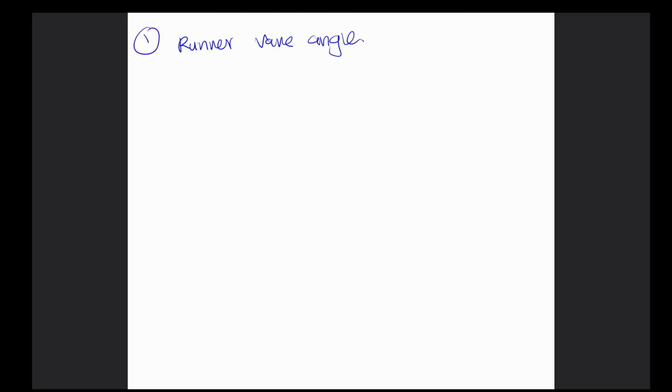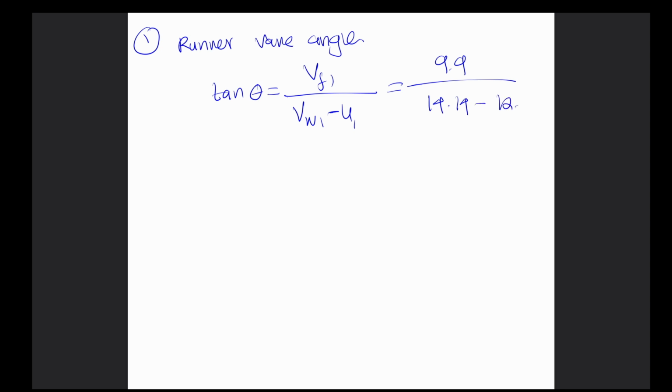After getting all these values, we can determine the runner vane angle, that is tan theta equal to Vf1 divided by Vw1 minus U1. Just substitute it: it is 9.9 divided by 14.14 minus 12.21, so we will get it as 5.13. Taking tan inverse of 5.13, you will get theta as 78.7 degree.